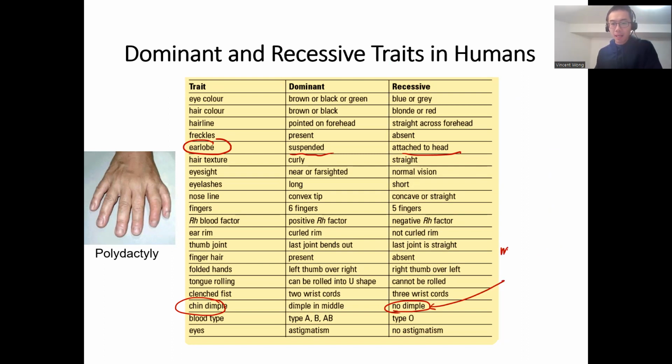If the mother and the father both have no dimples, so little d, no dimple, what can you say about the kids? Are the kids going to have dimples or no dimples? The kids won't have dimples. Anyone else? What do you think?